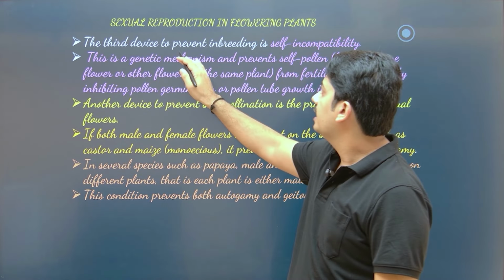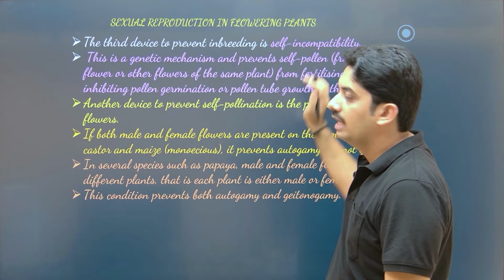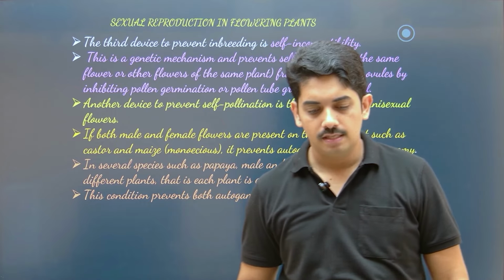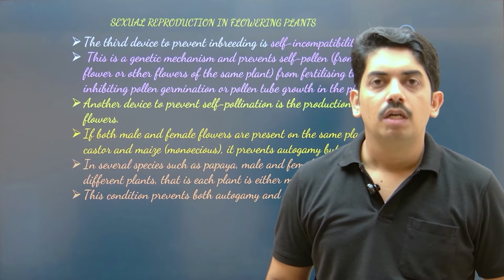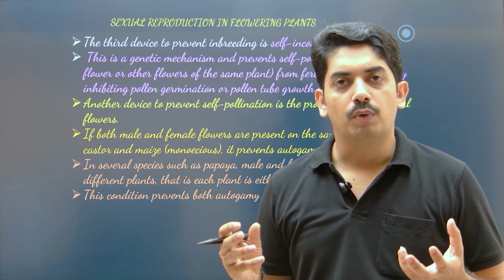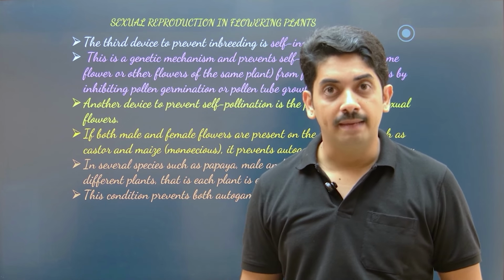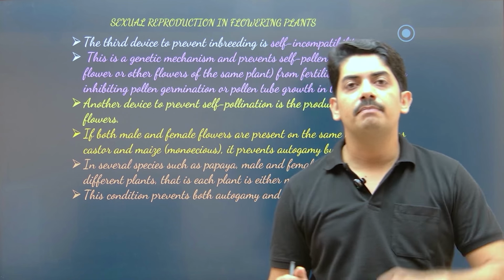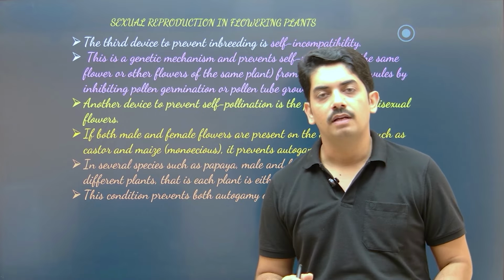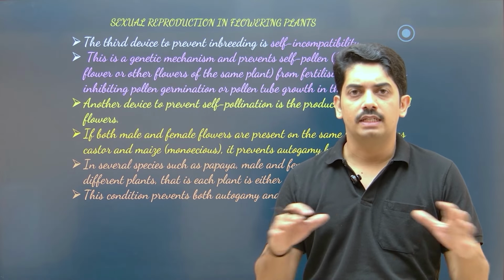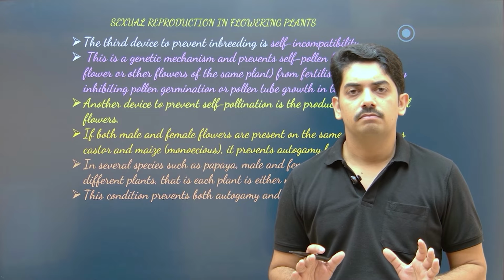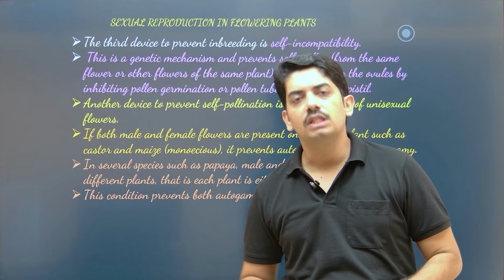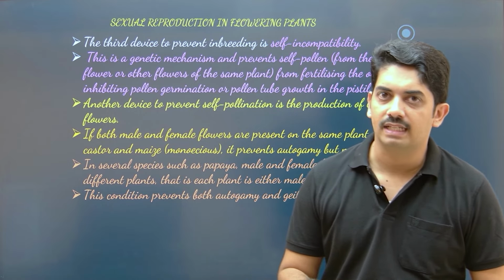The third device to prevent the inbreeding is self-incompatibility. Self-incompatibility means bisexual flower produces the pollen grains and viable pollen grains, but this viable pollen grains unable to germinate on the stigma because there will be certain chemicals which will detect the self pollen and will not allow this pollen to germinate on the stigmatic surface.